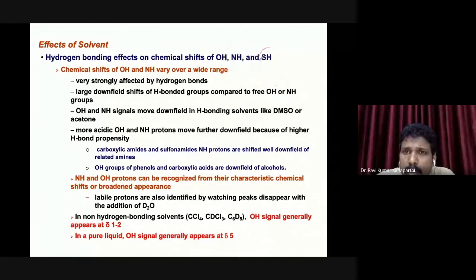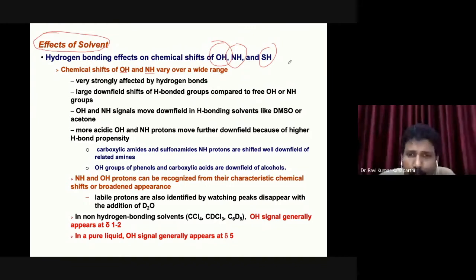So there are these different protons that we come across in organic chemistry, which we call labile protons. They can be exchanged with the protons in the given solvent. That's why we say those are labile protons. So where do we see the chemical shift values of these labile protons? That is the topic of discussion, and how the solvent actually affects these labile protons in NMR spectroscopy.